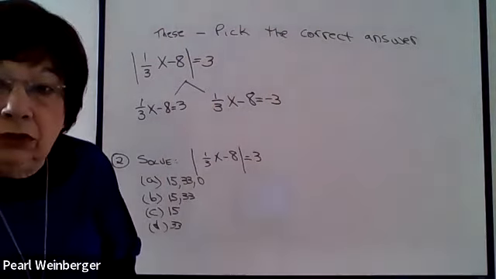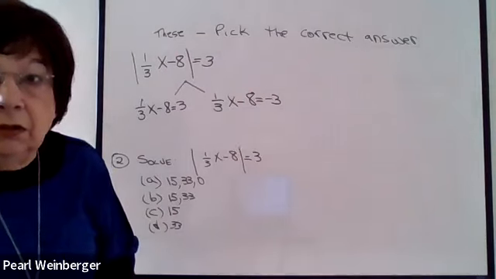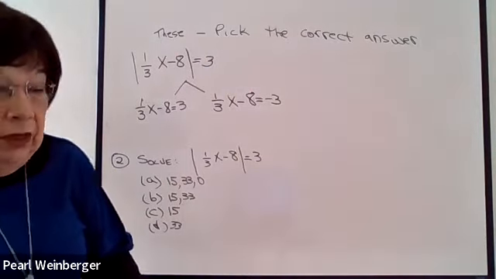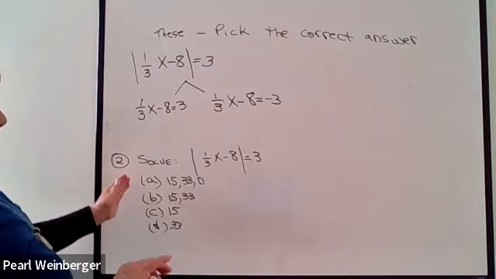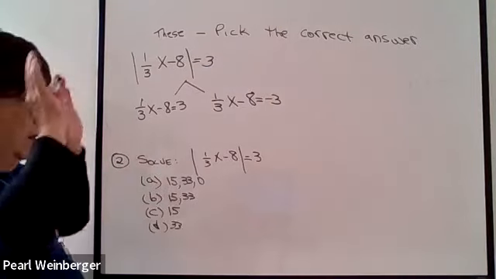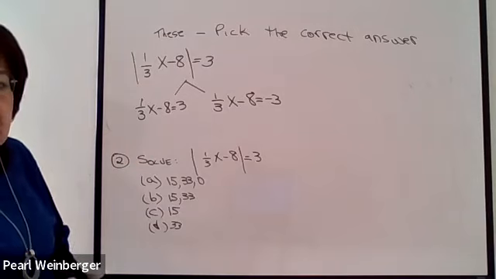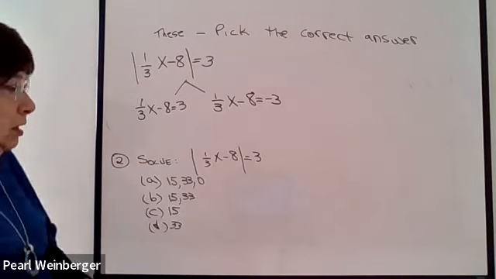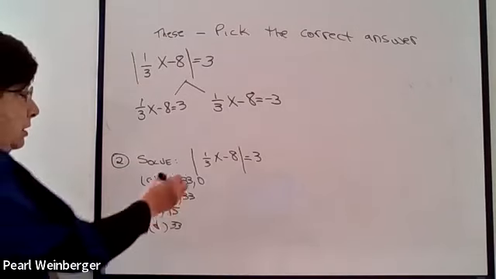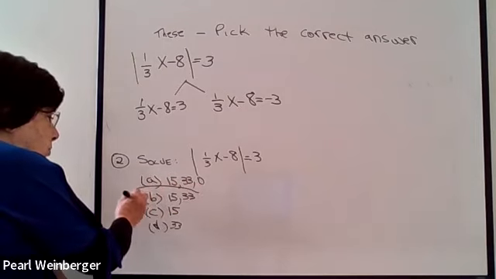And how many solutions are you going to get? Obviously two, which means if I look at my choices, let's say I forgot totally how to do this. The only thing I remembered is that I was supposed to get two solutions. There's only one choice here that has two solutions.